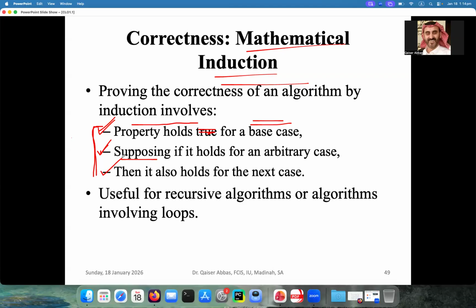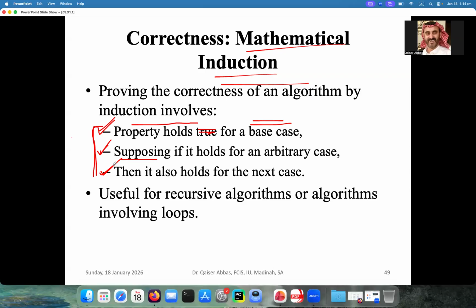Either it is true or not, you will assume it, because this is an assumption. And then in step number 3, by using that step 2, you will show that the next step, which will become k plus 1. Previous step is k, and the next step is k plus 1.